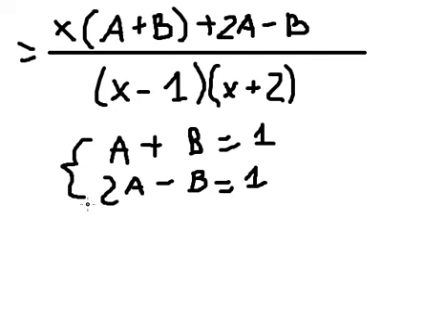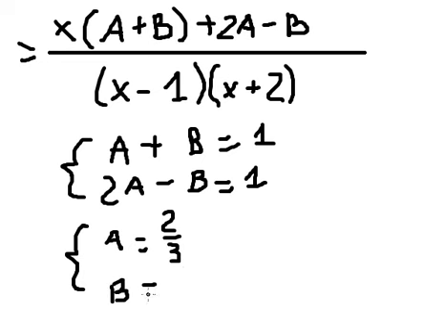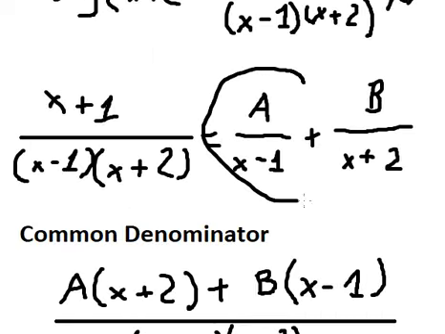And now we need to find the solutions of A and B. So we have A equals 2 over 3, B equals 1 over 3. And now we put A and B in here.